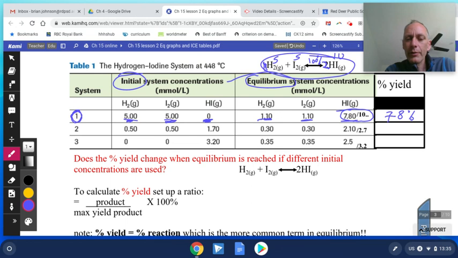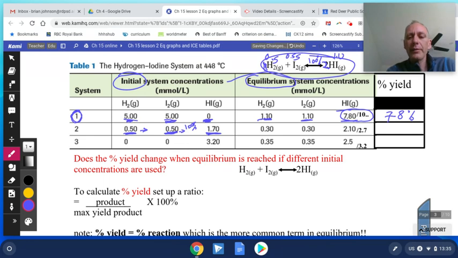Okay, system number 2, here's where this gets a little difficult, and this is like nothing you've seen in Chem 20. So for this system, we're starting with 0.5, 0.5, and we actually start with some product, 1.7. Now, these 0.5s can both move forward, and if we started with 0.5 and 0.5, we'd get 1.0. So if those go forward 100%, we'll make another 1.